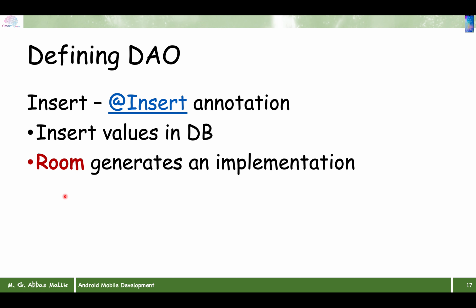For its implementation, we are only giving the definition, or what you can say is the header information. We define what the parameters are, what the return type is, and what the name of that method is. We are not going to give the body; the implementation is going to be generated automatically by the Room system.